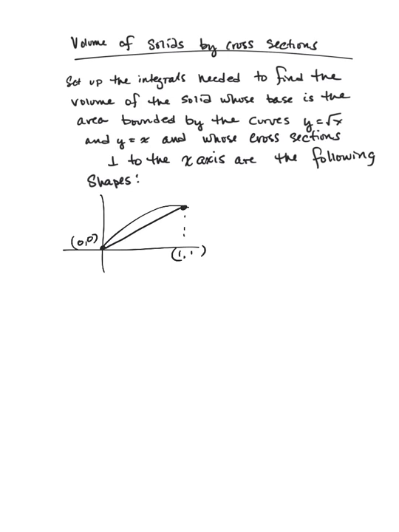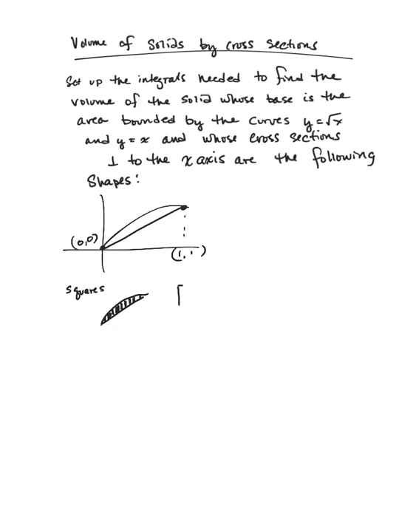Okay, so let's say the cross sections are squares. So what this means for us, you have to picture this, is here we're going to have squares. These squares are going to be popping up out of the page, facing toward you. But there's going to be an infinite number of them. So let's think about the base of the square.